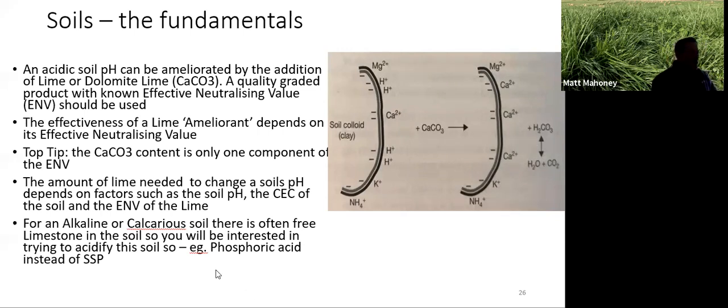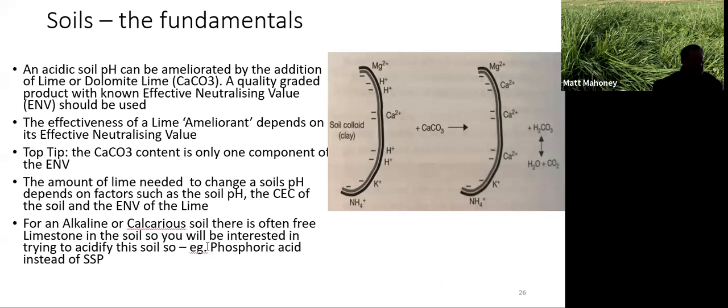The other thing I haven't spoken about is you can actually come across alkaline soils, they're calcareous soil types, and they often have free limestone in the soil. And so while we normally talk about increasing the pH, with those you actually don't want to increase it any further. They're already quite alkaline. So you can use really acidic type fertilizers on there, and it doesn't matter if you acidify it.